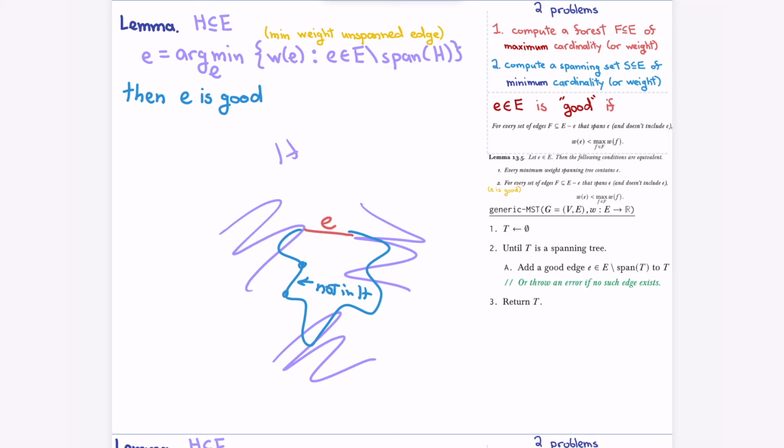It must have weight bigger than E because E was the minimum weight edge not spanned by H. That's it.